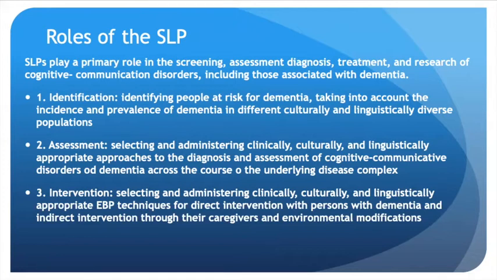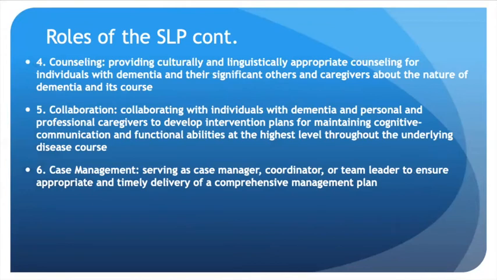We intervene, so we select and administer clinically appropriate evidence-based practice therapeutic techniques for direct intervention with persons with dementia and indirect intervention through education of caregivers and environmental modifications. We counsel individuals, so we provide individuals and their caregivers with counseling about the nature of dementia and its course.